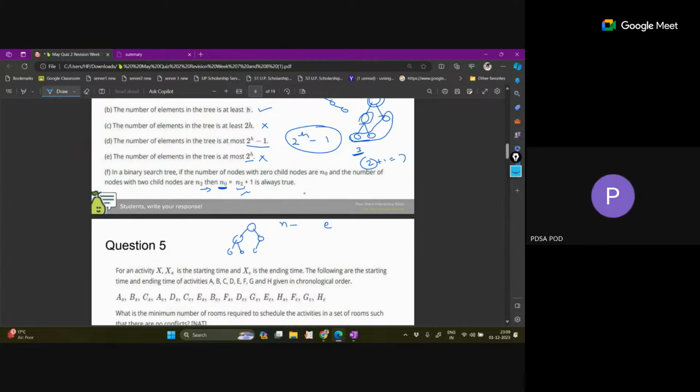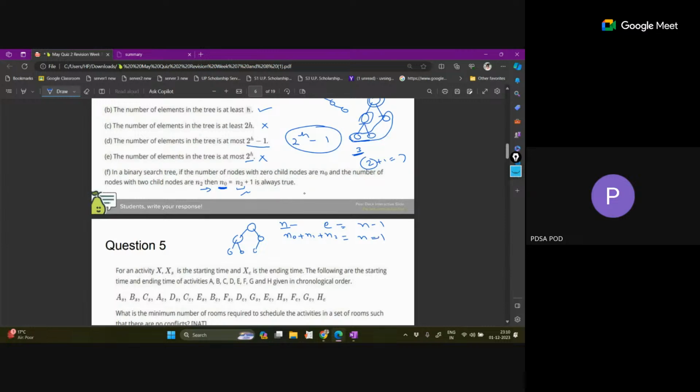So the total number of edges is n minus 1. Now let's count the number of nodes with zero children, one child and two children: n0 plus n1 plus n2. Only these three possibilities exist. If we add these, we will get n minus 1, correct?